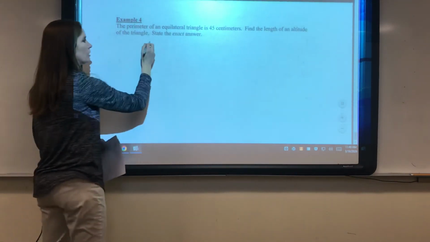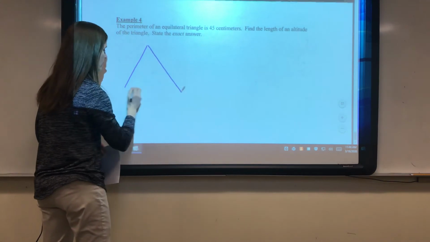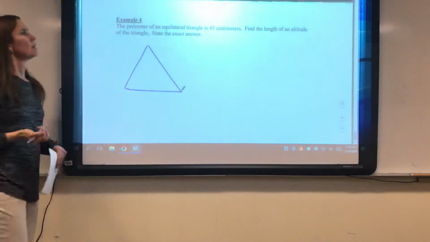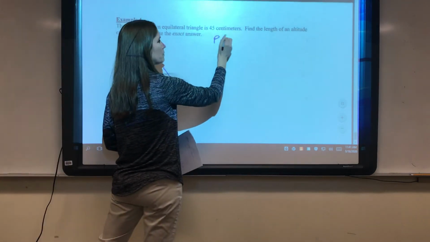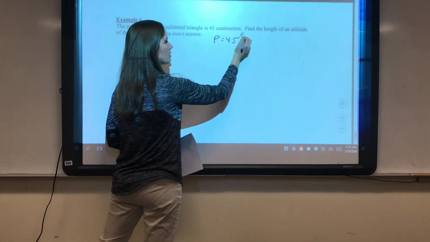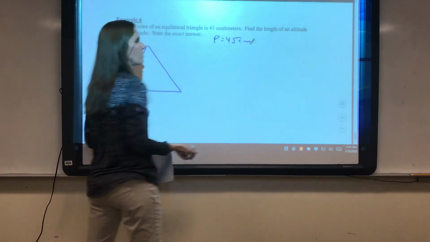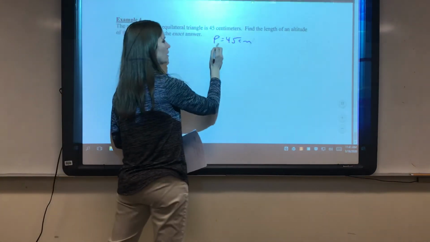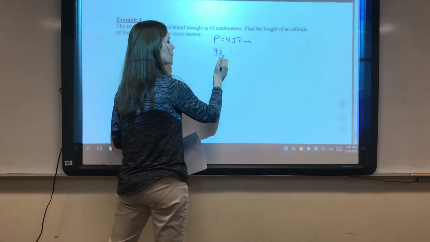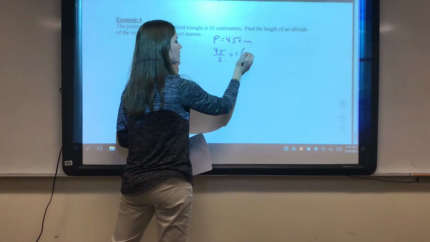We can draw an equilateral triangle. Okay, and it says the perimeter is 45. So if I think about what that means, if the perimeter, the distance all the way around, is 45, and I want to know the length of one side, then I know that I can go 45 divided by 3 to get 15.